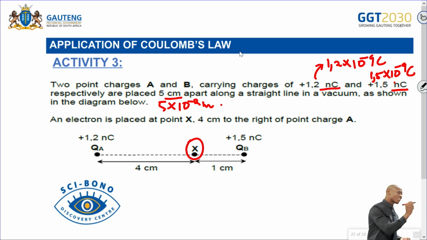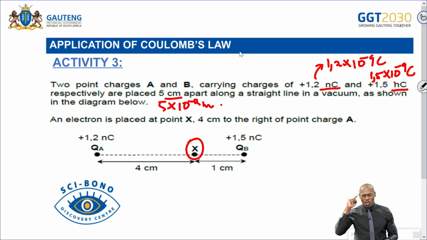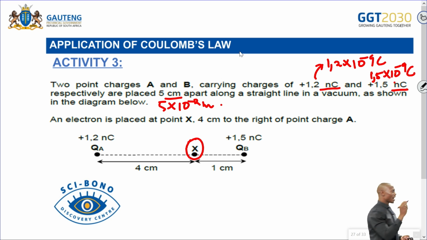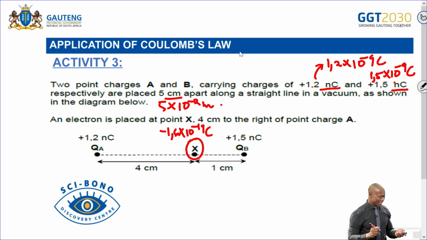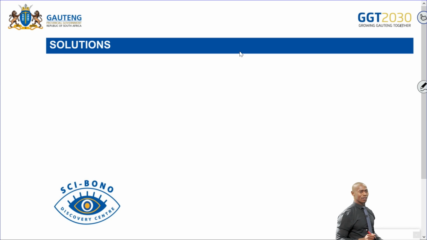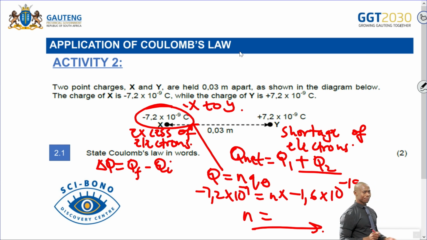So there's an electron here, and we already know the charge on an electron. The charge on an electron is negative 1.6 times 10 to the power negative 19 coulombs. Where am I getting this from? From the data sheet. Let's go back to the data sheet.